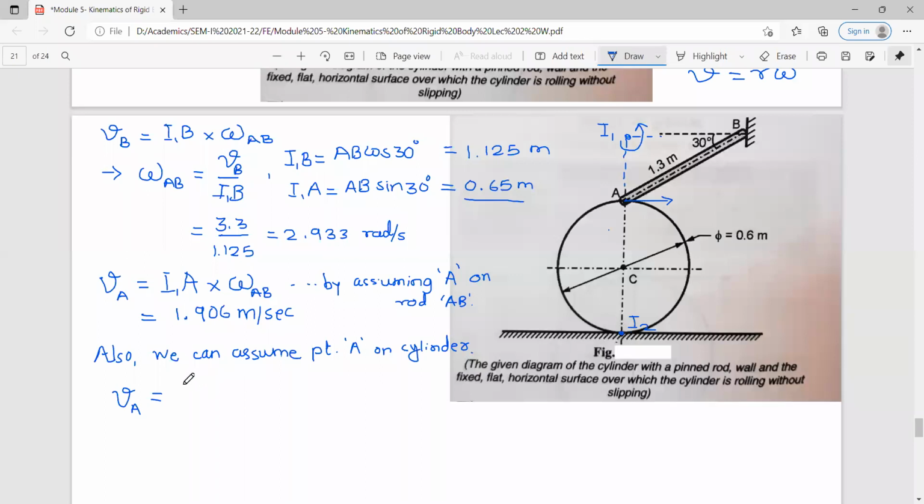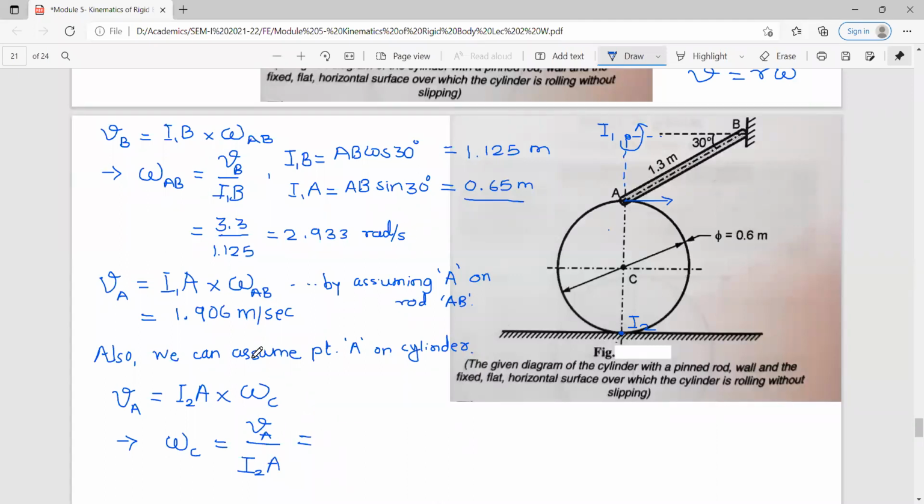The distance of point A from the ICR I2 is the radius of point A now, multiplied by the angular velocity of which object, rod or cylinder? The cylinder, because we have assumed point A on the cylinder, so we will write here the angular velocity of the cylinder.